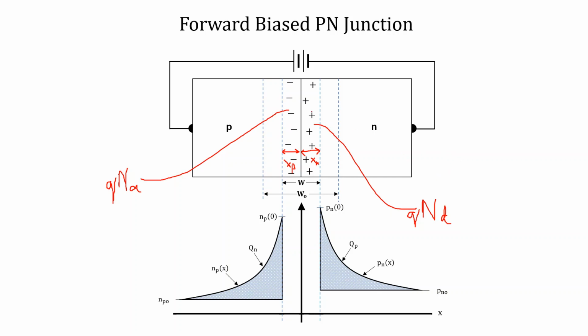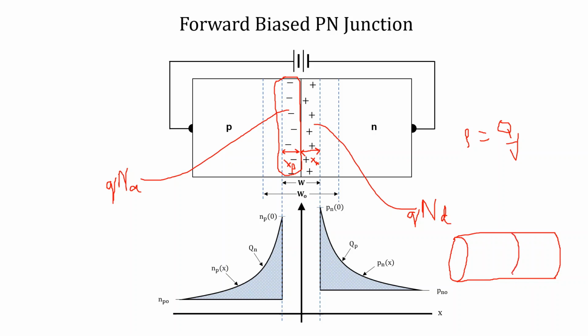Now what is the total charge inside this region? It is simple. Charge density is charge per unit volume. So what is the volume of this section? Let us say we have a cylindrical PN material, and we have the depletion region on the P side up to here.